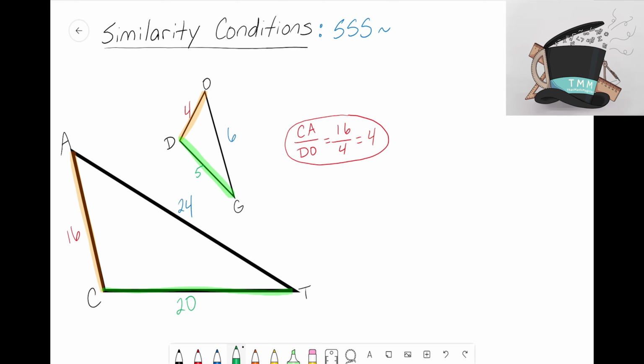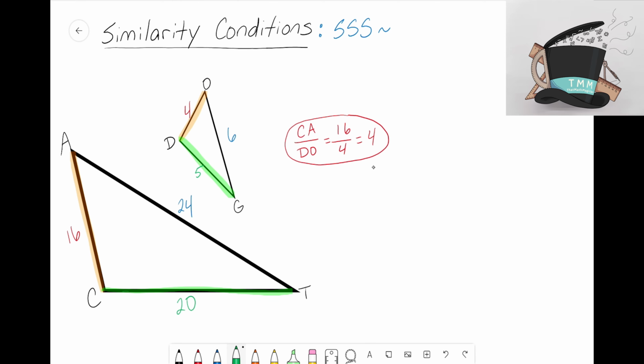Sometimes students will switch places and do DG over CT, taking the small over the big. I don't want to do that. I want to be consistent with my choice.